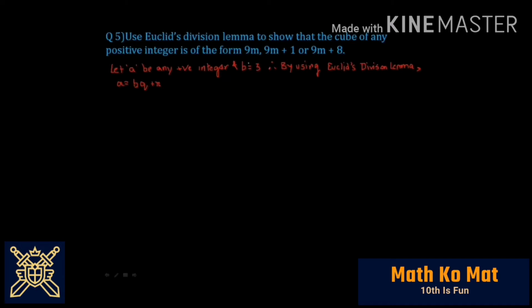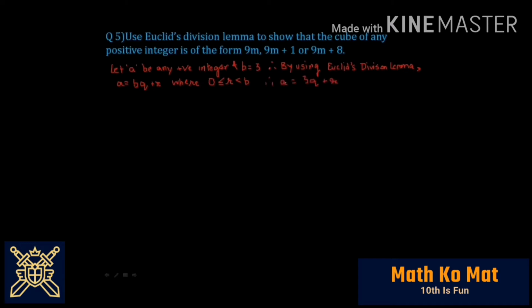Therefore, by using Euclid's division lemma, a is equal to bq plus r, where r is equal to or greater than 0 but is smaller than b.